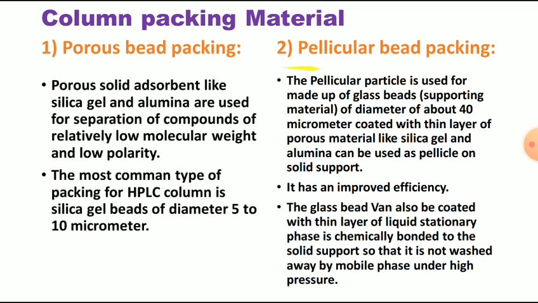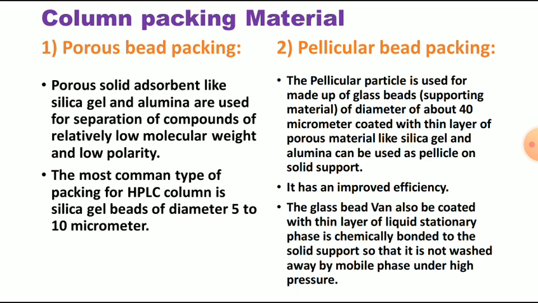Now the second type, pellicular bed packing. In this case, the pellicular particle is made of glass beads as supporting material, with a diameter of about 40 micrometer, coated with a thin layer of porous material like silica gel and alumina, which acts as a pellicle on the solid support.